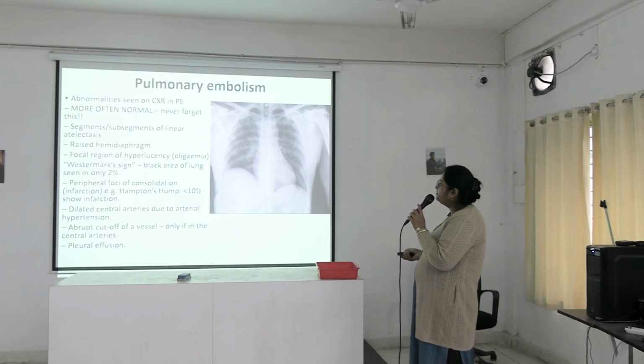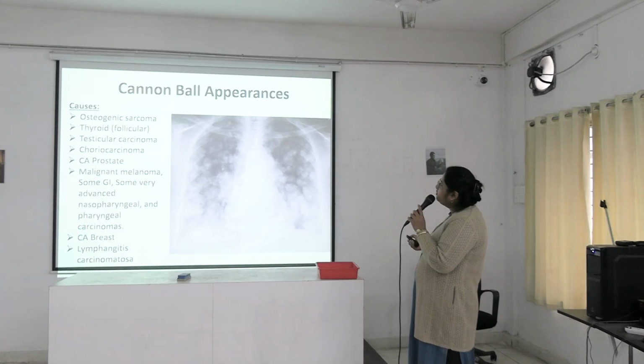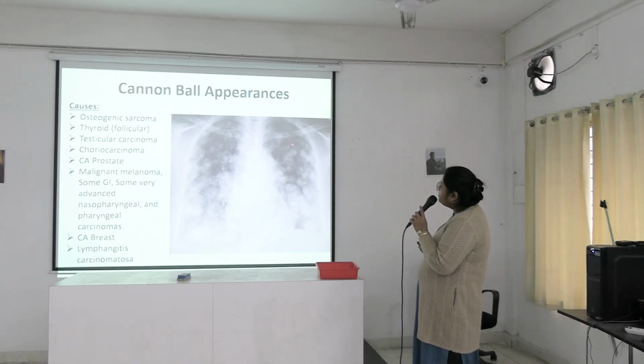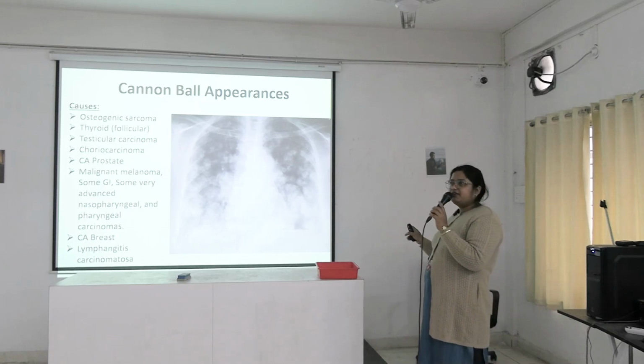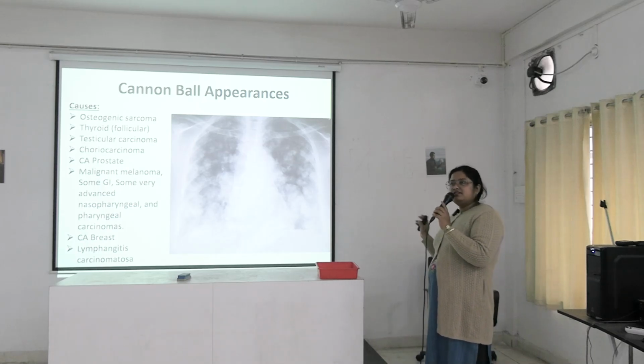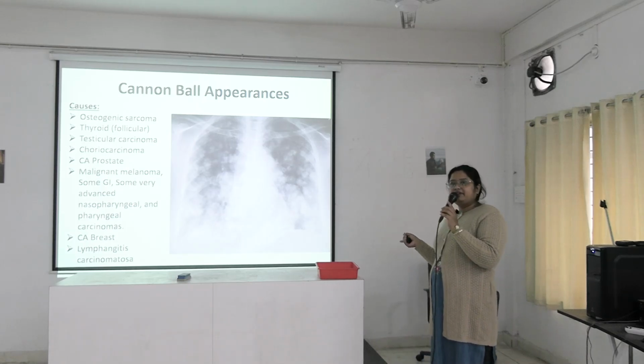and pleural effusion occurs in this pulmonary embolism. Next is cannonball appearance, rounded ball-like structures in the lung. This is very important, occurs in carcinoma. Always suspect carcinoma in cannonball metastasis.